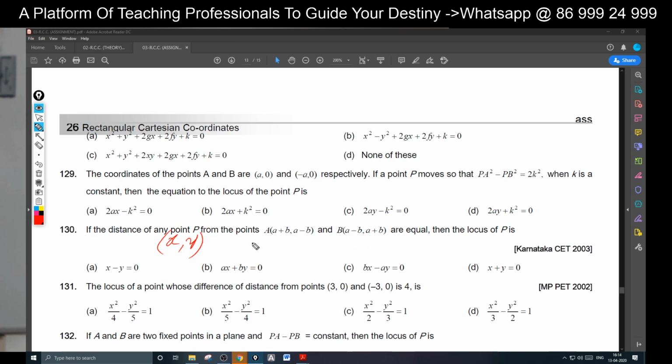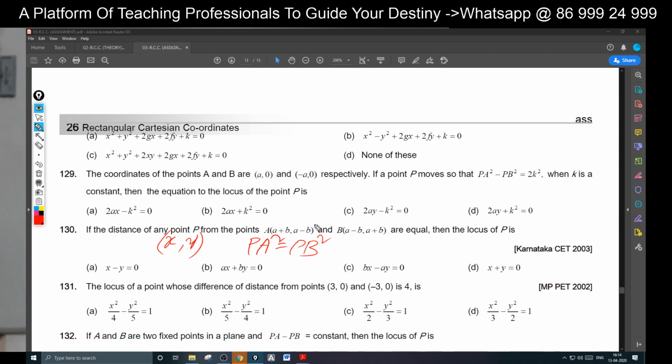It is given that PA is equal to PB. Square it, PA square is equal to PB square, to eliminate the root. P is xy, PA square is equal to PB square.